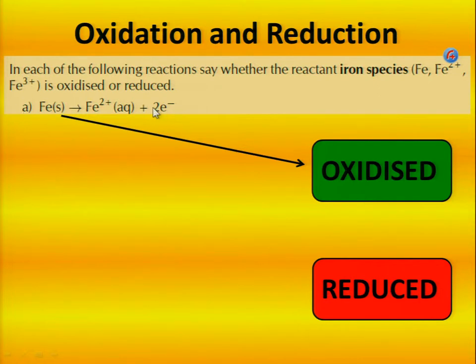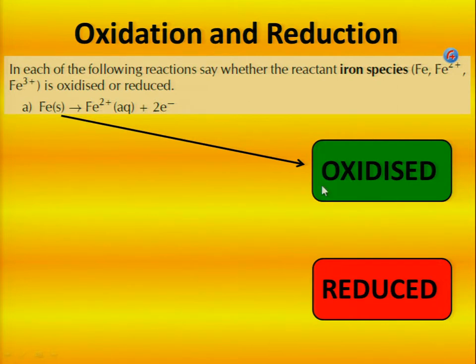Now let's look at this example. We want to determine in this half reaction if the ion is being oxidized or reduced. Here the charge on the ion is 0 and then it's going to ion plus 2. So therefore the oxidation number is increasing, it's getting more, and that tells us that this is oxidation.